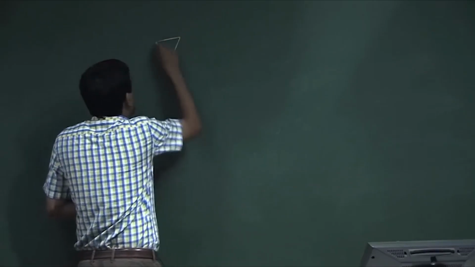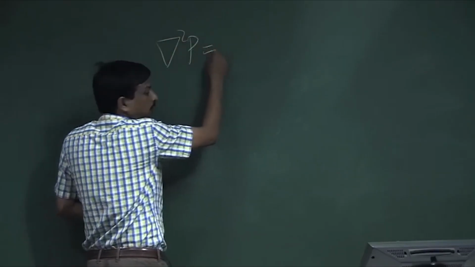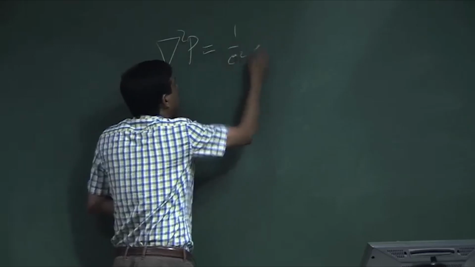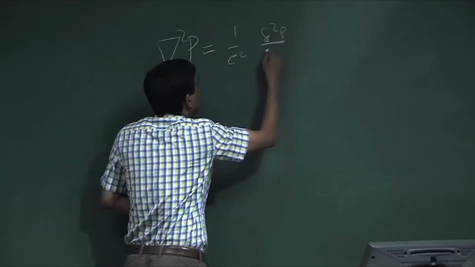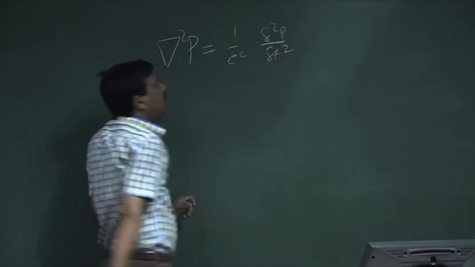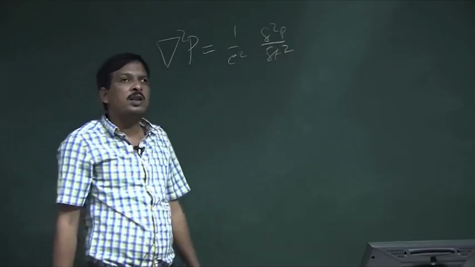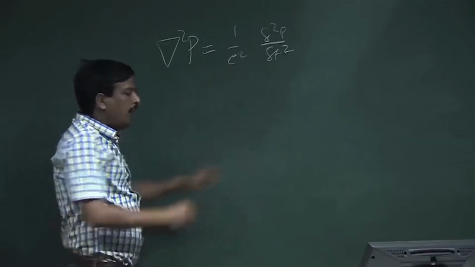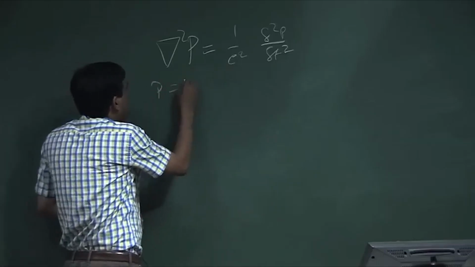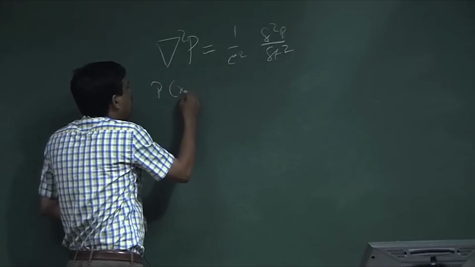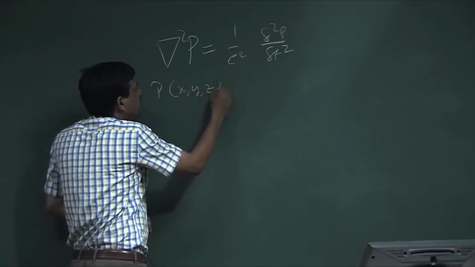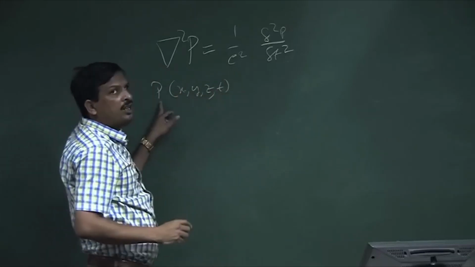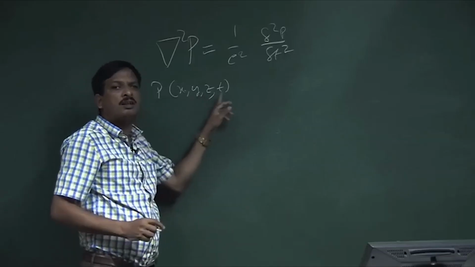Now, what is the plane wave equation? We know del square P is equal to 1 by c square del square P by del t square. Okay. So, this is the plane wave equation. This is a second order differential equation where P is a function of x, y, z and t. That means P is a function of position and time.